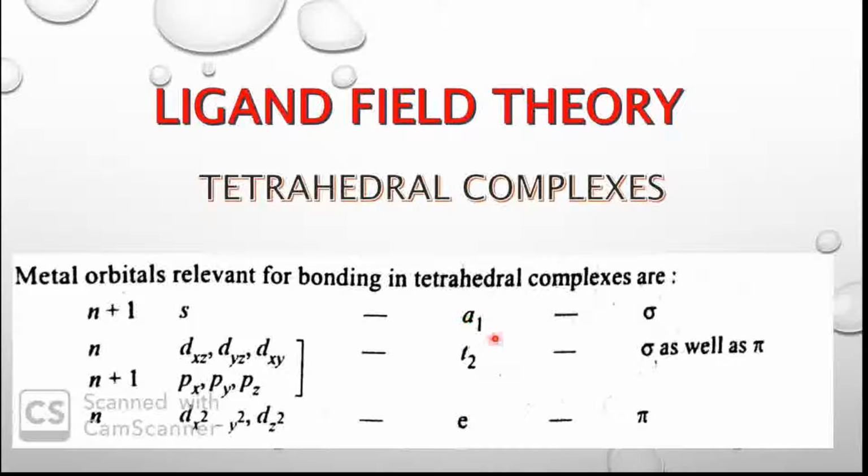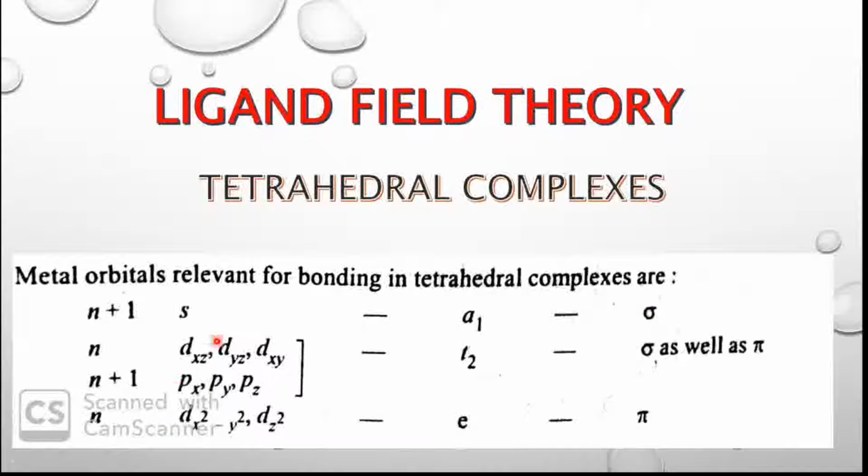So this is A1, it is non-degenerate, and that's why 1 is written here. Whenever s orbitals are involved, because they are symmetrically distributed among all the axes, they always form the sigma bond. There is no problem in that, right?